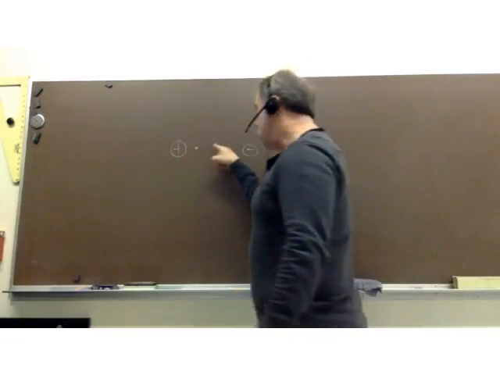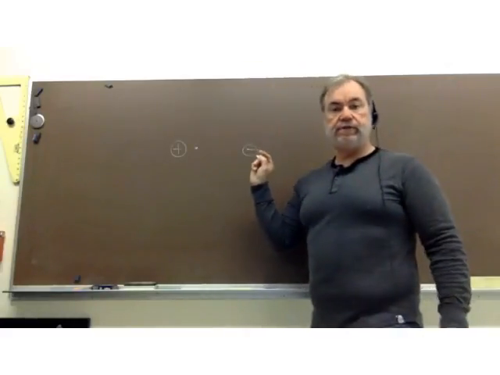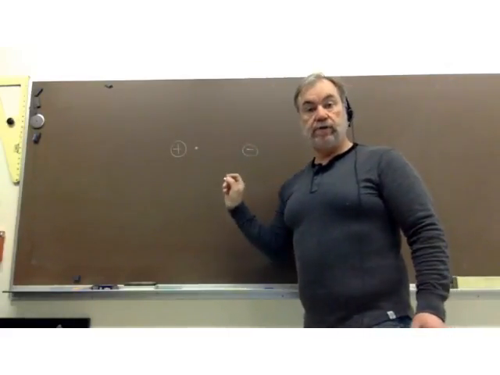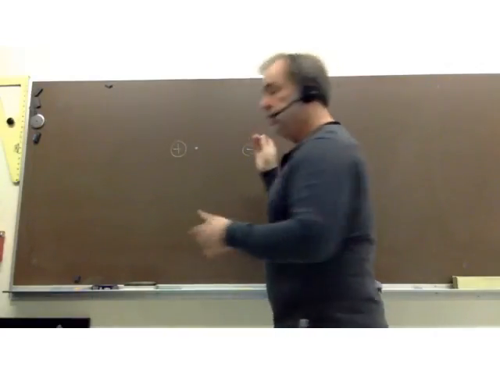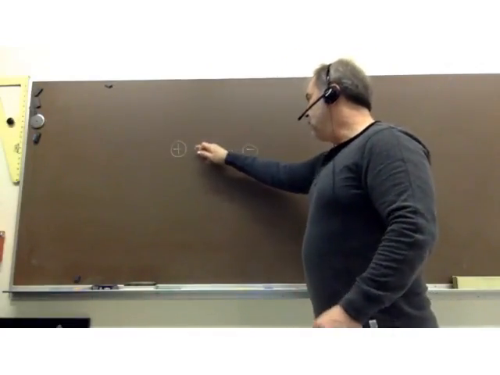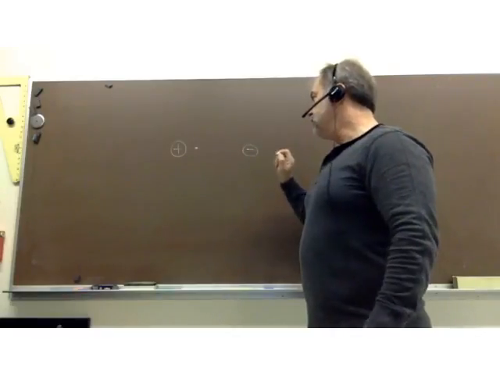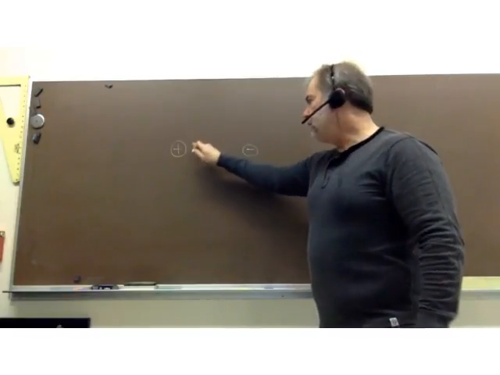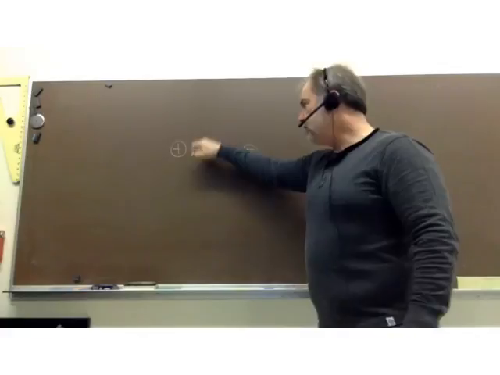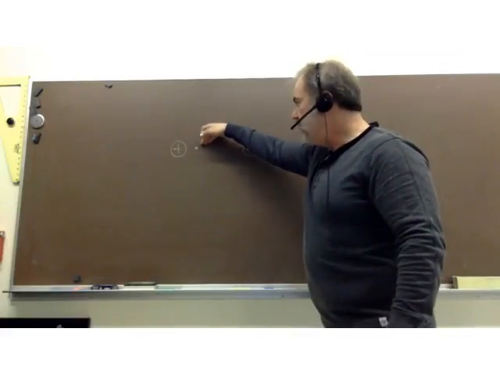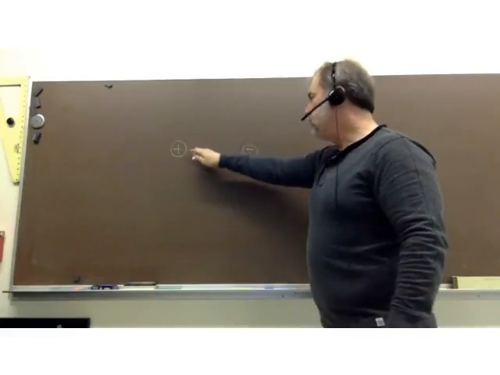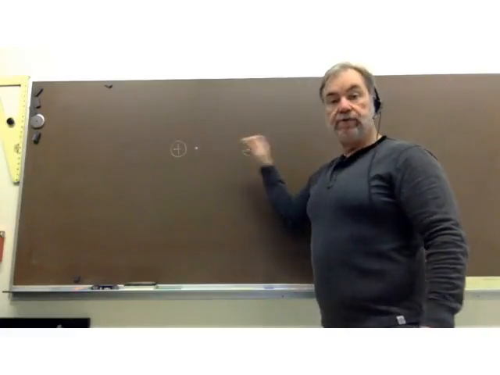Then you have a strong repulsive force from the positive charge, strong because it's so close to the positive charge, and a comparatively weakly attractive force from the negative charge. So the positive test charge at this point feels a strongly repelling force from the positive charge and a weakly attracting force from the negative.